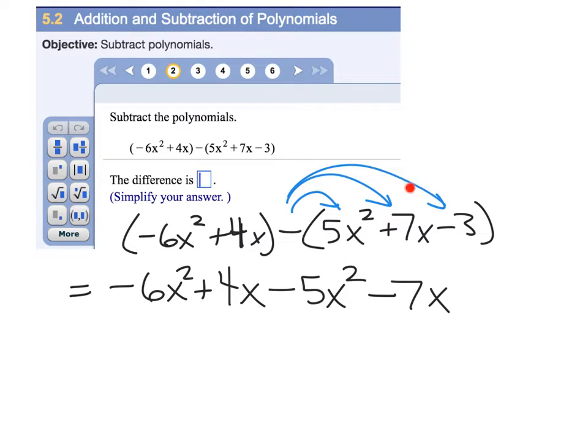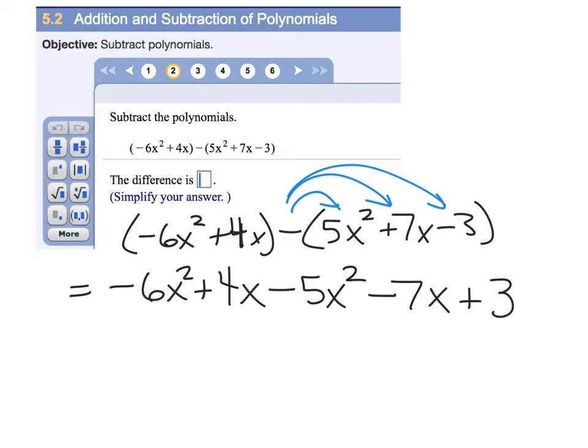And then distributing this negative over here turns this into a plus 3. So do you see how previously it was a positive 5, now it's a minus 5. Previously it was a positive 7, now it's a minus 7. Previously it was a negative 3, now it's a positive 3. It's almost like this guy disappears and all of these guys turn to their opposites, and that's what happened.